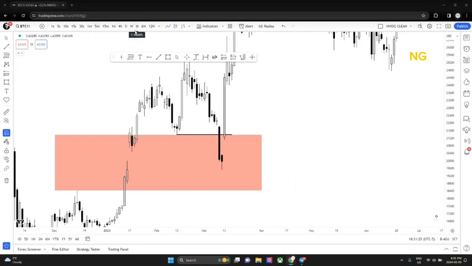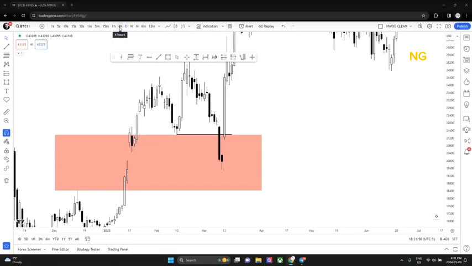So say you want to trade with the 15-minute time frame, then you just skip a time frame ahead of that, the 1 hour time frame, and then you have to find a 4 hour imbalance, right?